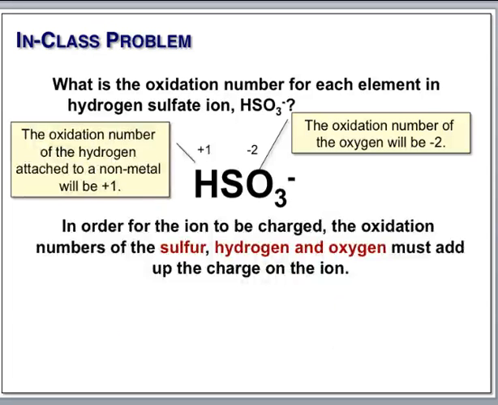Now, we have 6 negatives here, don't we? We have 1 positive. But the whole thing is negative, right? So that means really we have 7 negatives and only 1 positive.